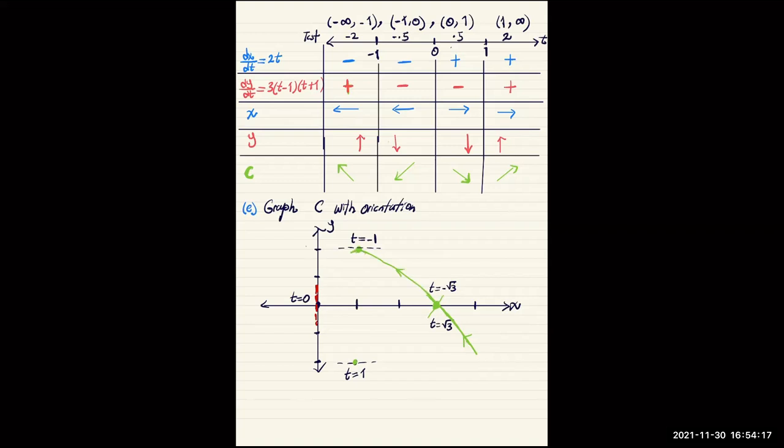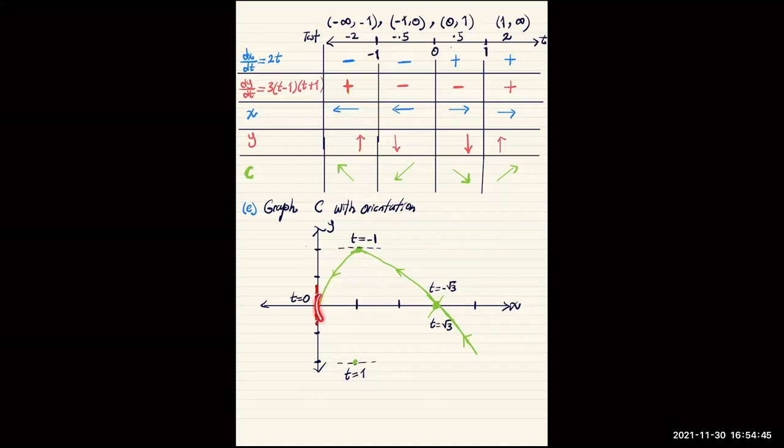And then from t of -1 to t of 0, orientation is going to be that way. So here we have to turn, touch that horizontal tangency, turn, and go with that orientation, like that. Here we have vertical tangency.